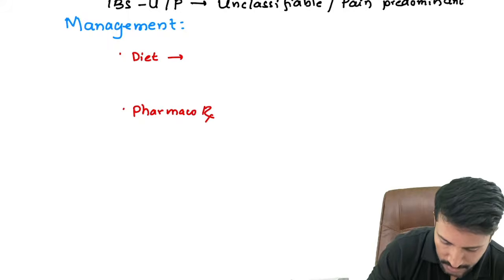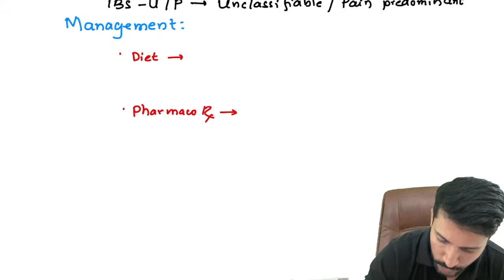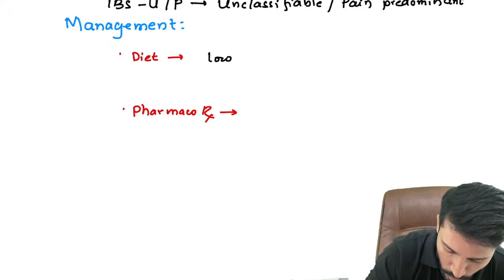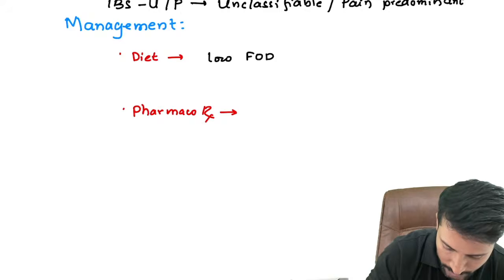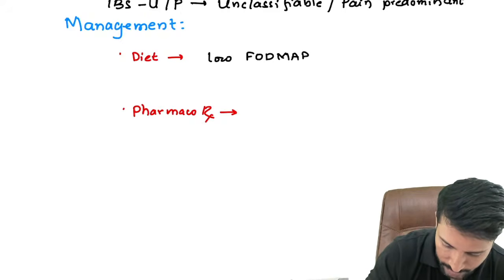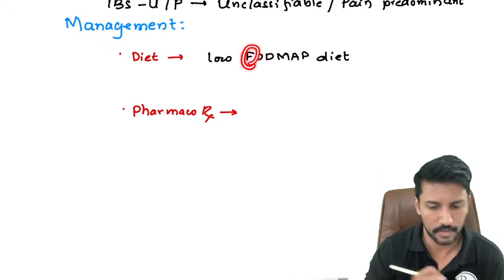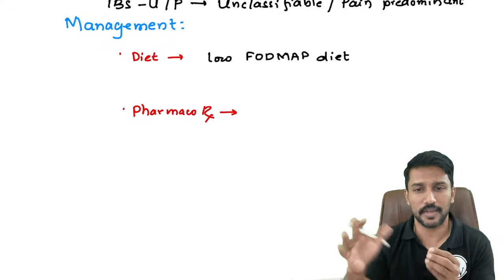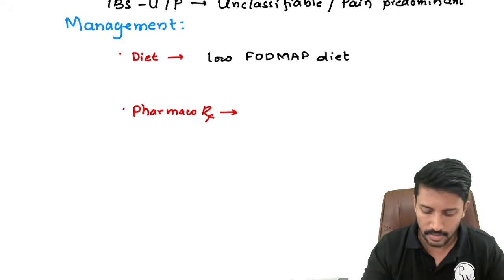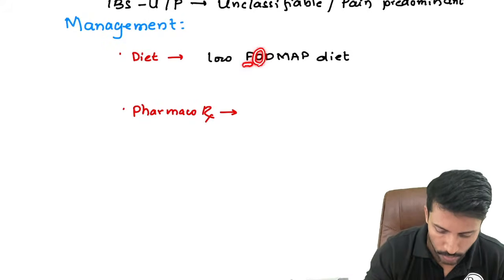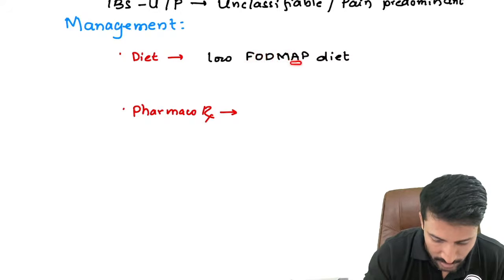What is the dietary change that we need to make? We have to give them a diet called low FODMAP diet. So what does that mean? FODMAP refers to fermentable, meaning the substance which can be fermented by bacteria in our intestine. Fermentable oligo-, di-, monosaccharides and polyols.